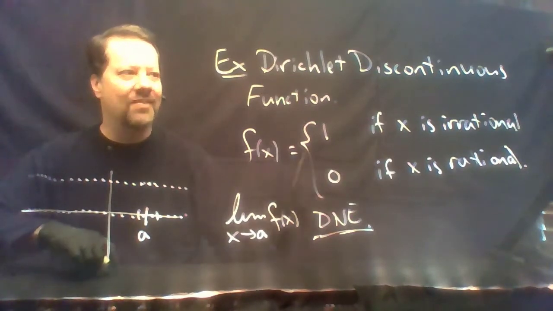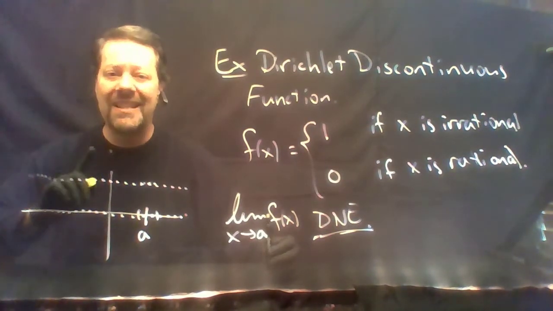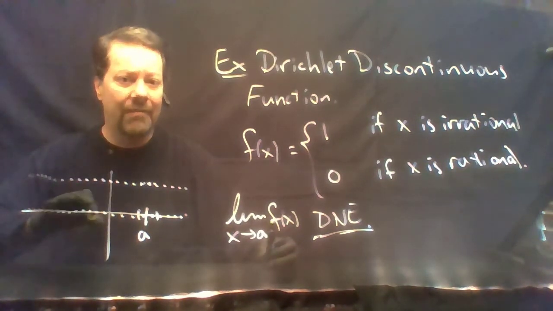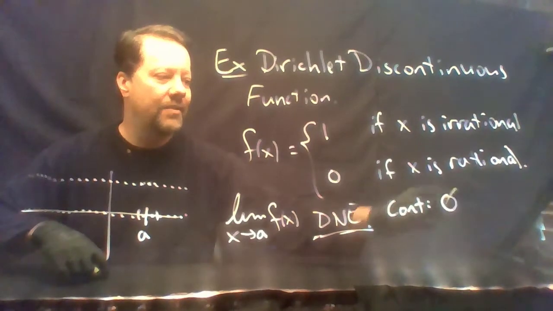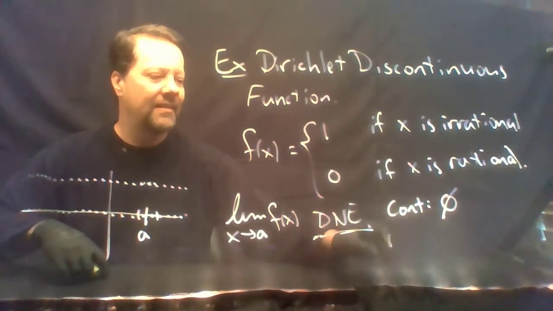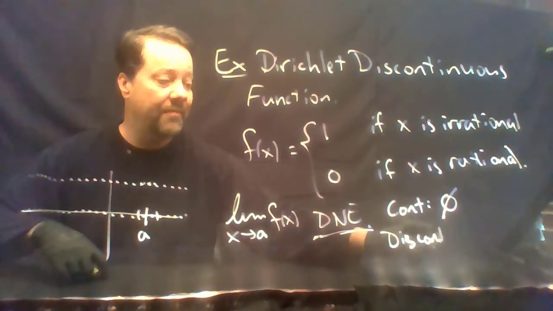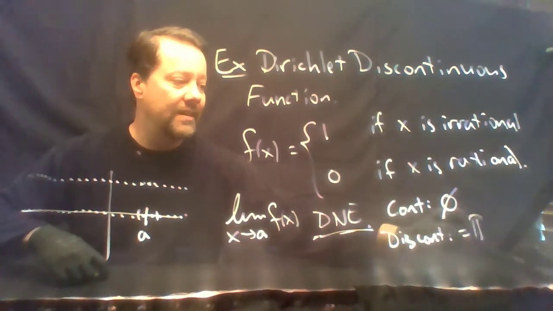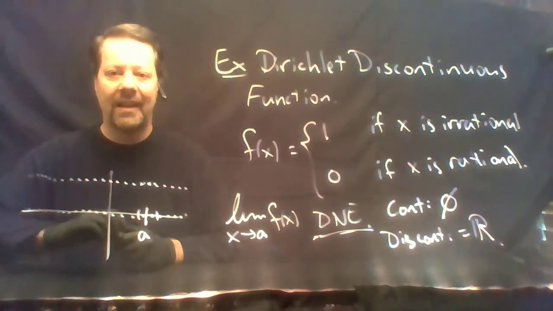That means that this function is not continuous, it is discontinuous everywhere. It's continuous on the empty set. Its set of points of discontinuity is the entire real line. It is continuous nowhere and discontinuous at each point.